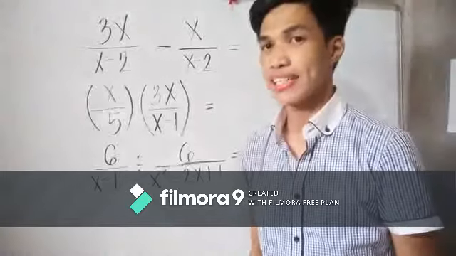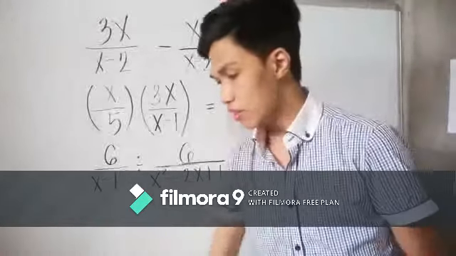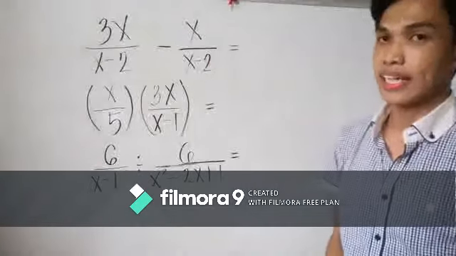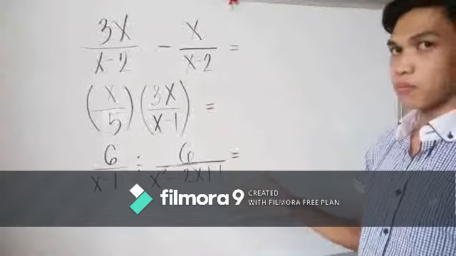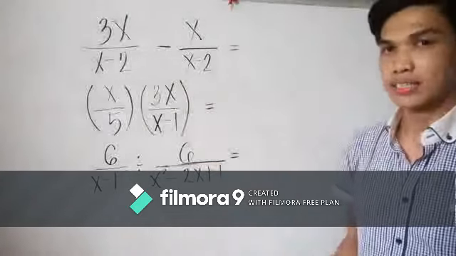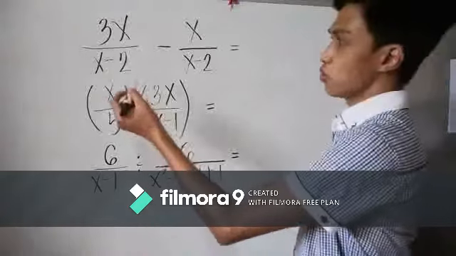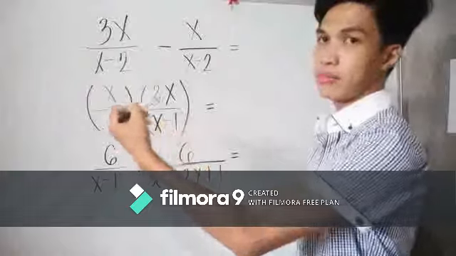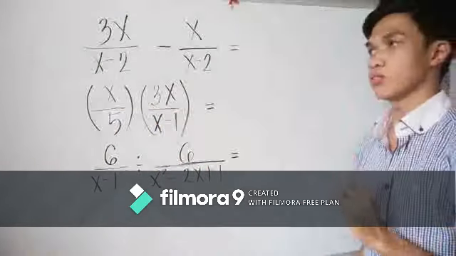Okay, so for learning task number 2, the directions will be: perform the indicated operation. Again, I will set some examples as a guide for you to answer learning task number 2. Let's have the first one. We have here 3x over x minus 2 minus x over x minus 2.